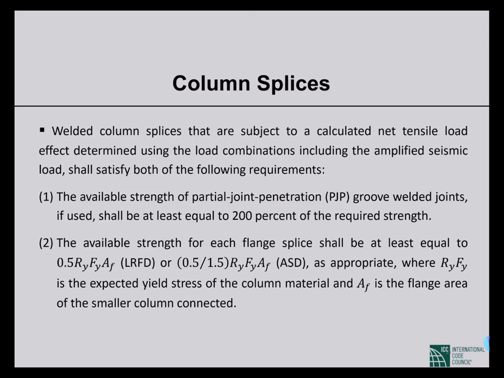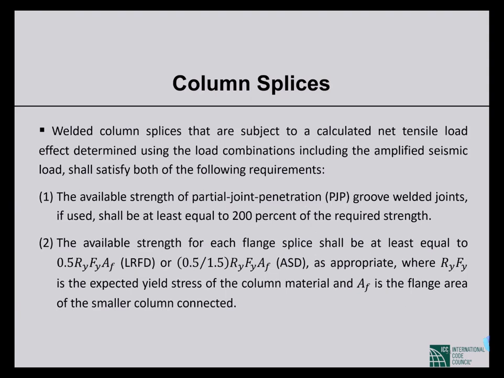So splices, we want to add two column sections together to make a column. Here, splicing, to calculate the capacity of the splice, we have to consider amplified seismic load.